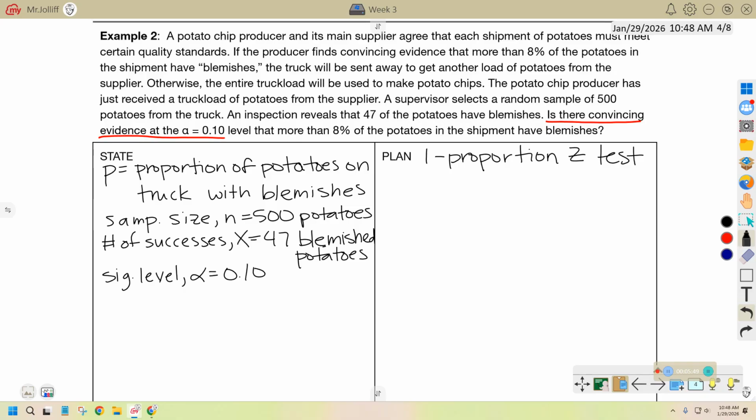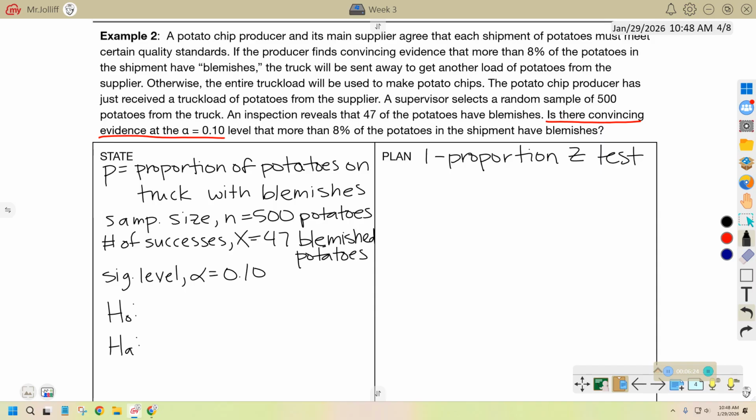Perfect. I know here I need to state my hypotheses. What are the claims I am comparing with this test? There is one more thing I should do here, not required but helpful. I know that when I get to the do step, I have to calculate a test statistic, and the test statistic depends on p hat, because it's looking where is my p hat relative to p.